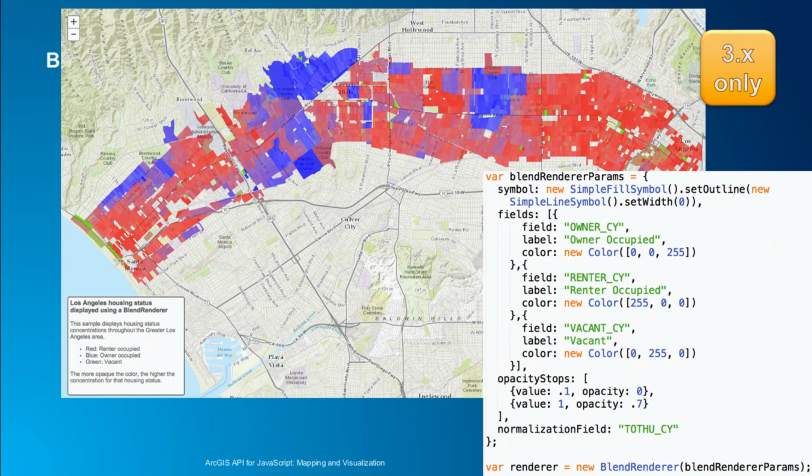So if something is a very solid red, then you know it's pretty much all of that type. If something's all of renter occupied, if it's a solid blue, it's all of owner occupied. If it's sort of a mix, then it's blending out, it's almost like an average. Like a faded purple color, kind of.